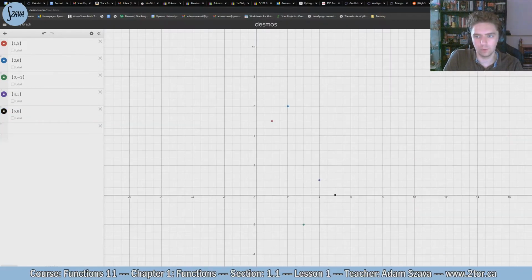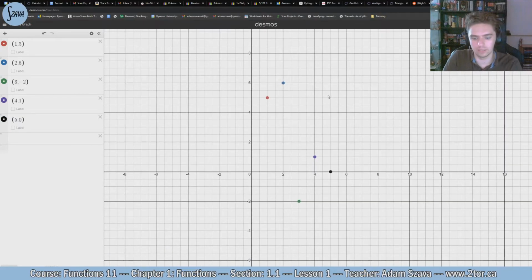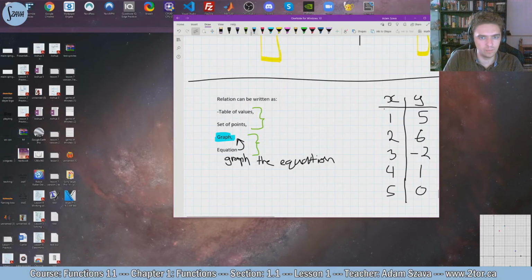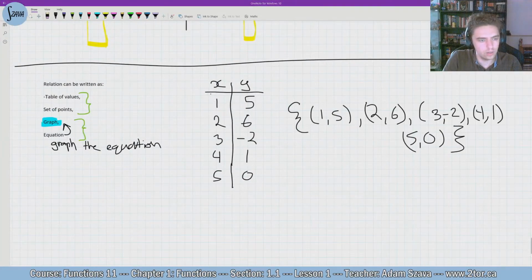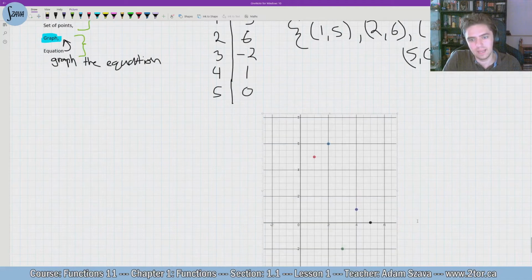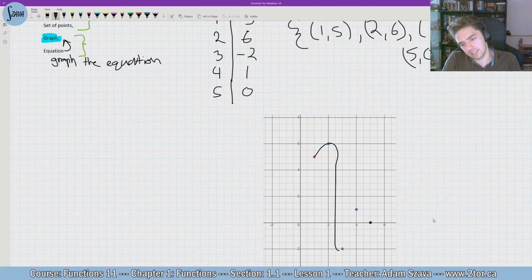We have all these points here. I'm going to make it a little bit bigger so you can see. So you may be tempted to graph these points and connect the dots somehow. You can connect them maybe like that, and maybe there's a nice curve like that and like that, right?